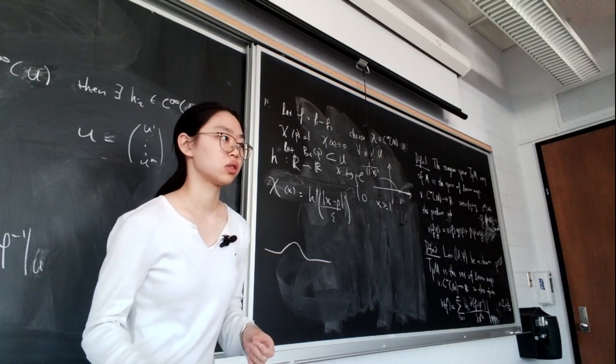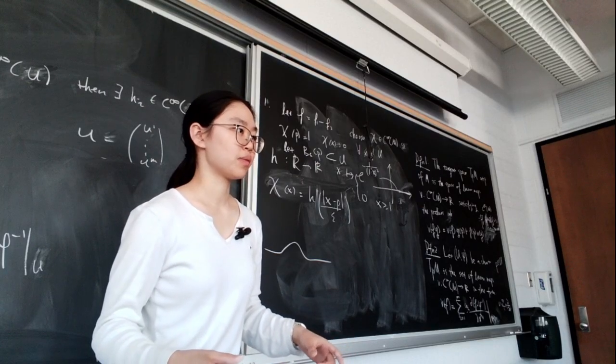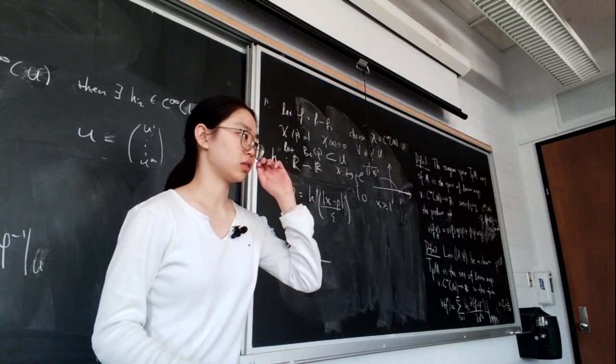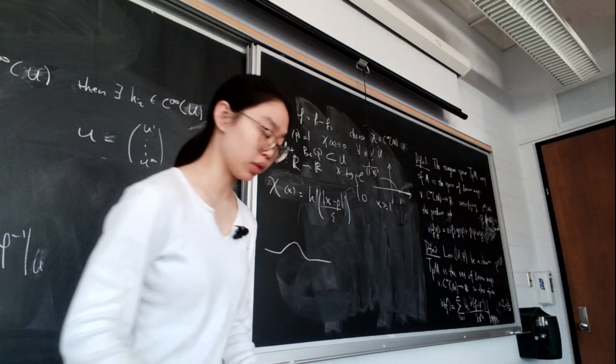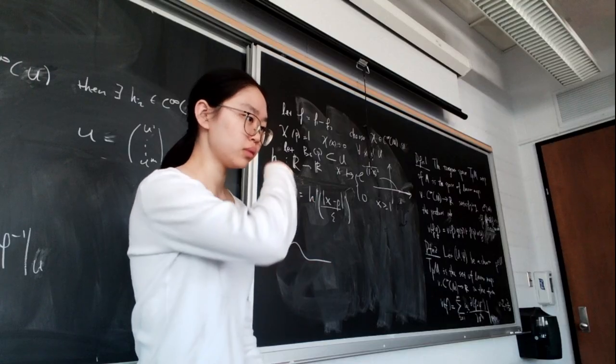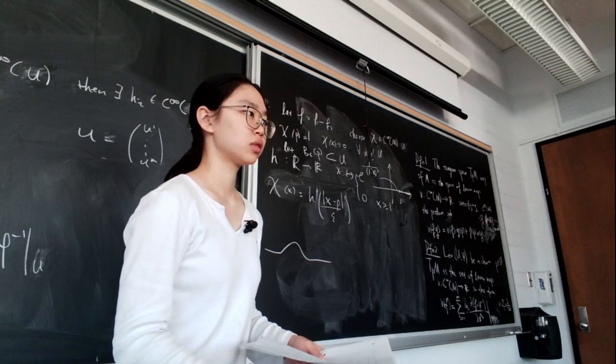So if you have an open set in general, you can't extend any function on that open set to everywhere in a manifold. You can only extend a function defined on a sufficiently small set around the point.